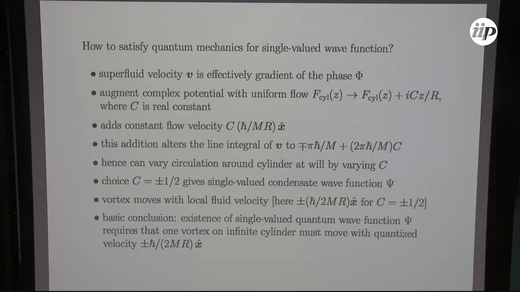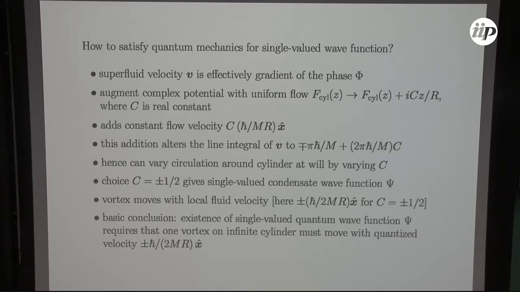And so if you take this flow, i c z over r, and give c plus or minus a half, this can cancel that, and you get 0 over 2 pi, which is just what you want. And so the conclusion is, because the wave function has to be single-valued around the cylinder, the vortex must move with a velocity plus or minus h bar over 2mr along the circumference.